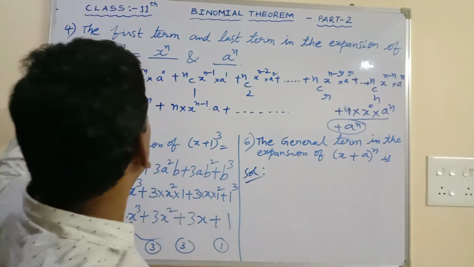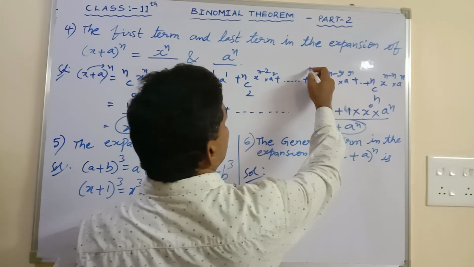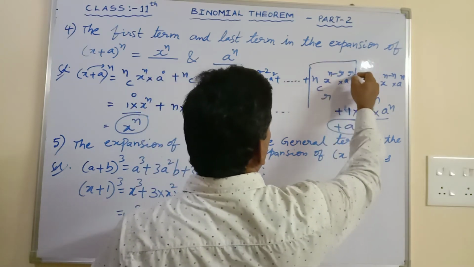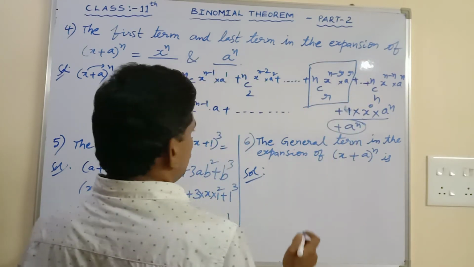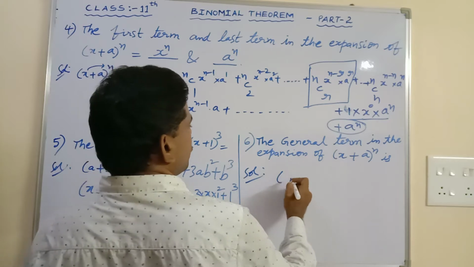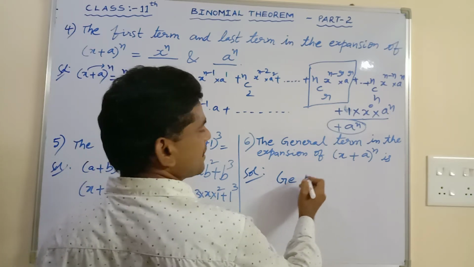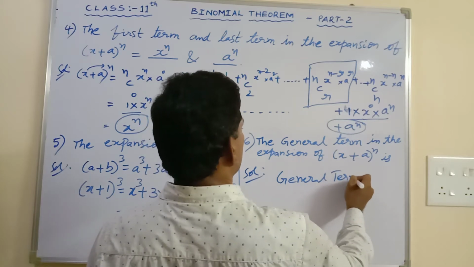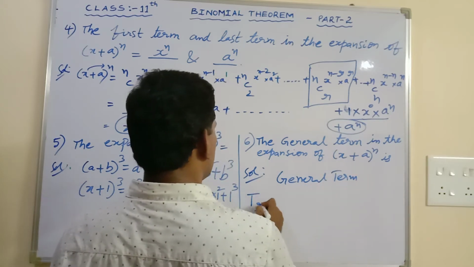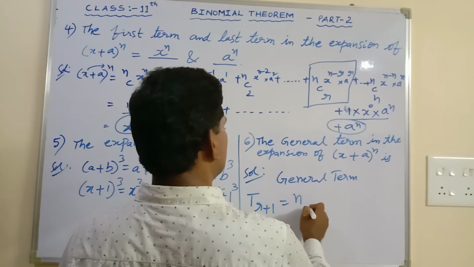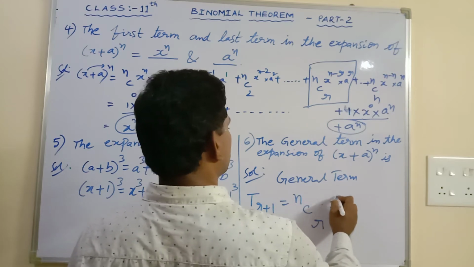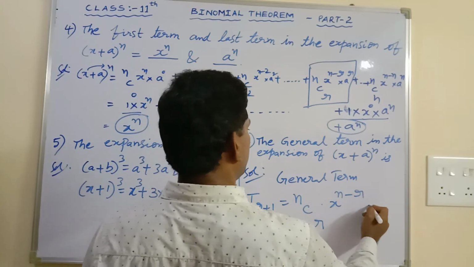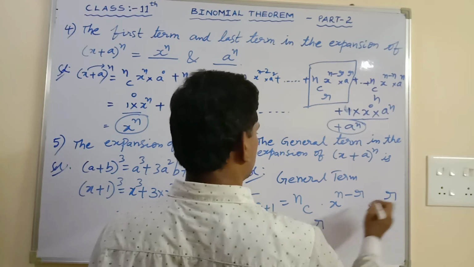Yes, clearly we know that this is the general term of the expansion of (x plus a) whole power n. So the general term can be represented by T(r plus 1) equal to nCr into x power n minus r into a power r. Okay.